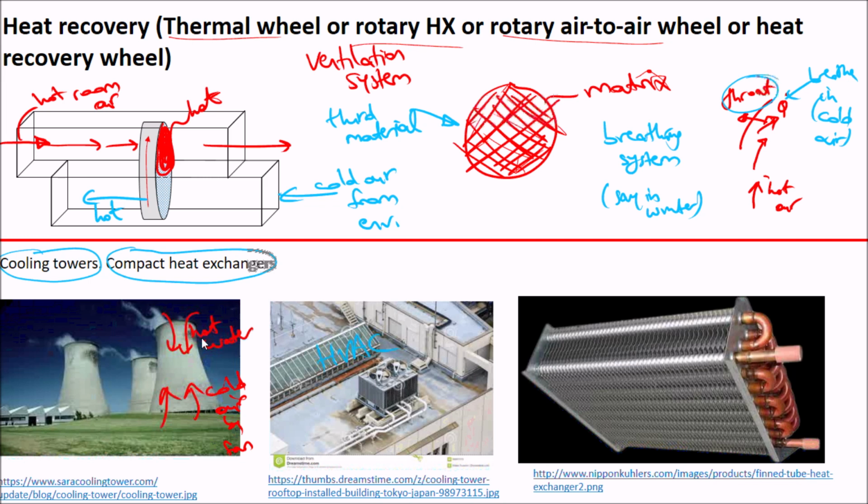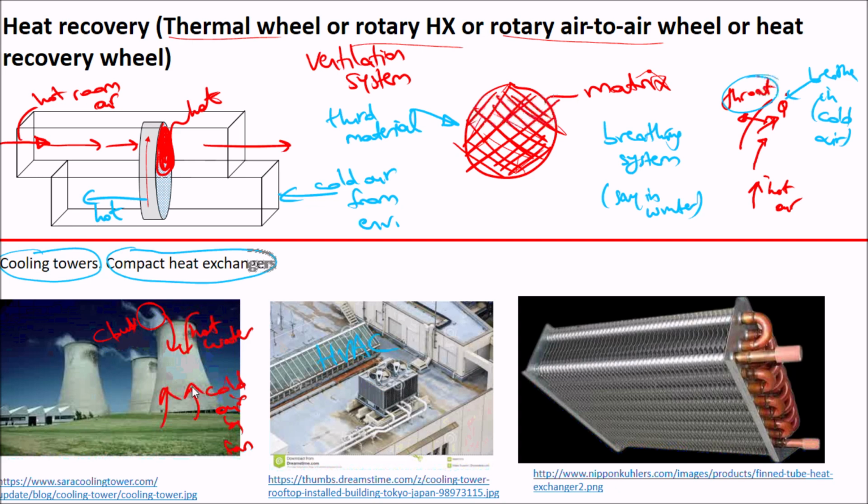When the cold air and the hot water come in contact with each other, the hot water gives off its heat to the cold air, and you can see the clouds here. These clouds are due to condensation.